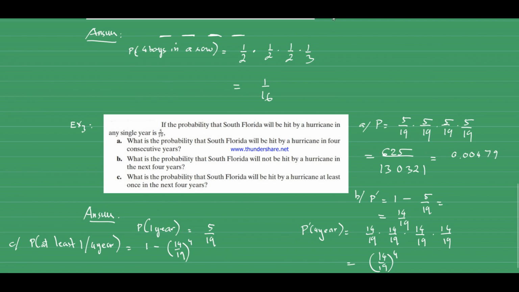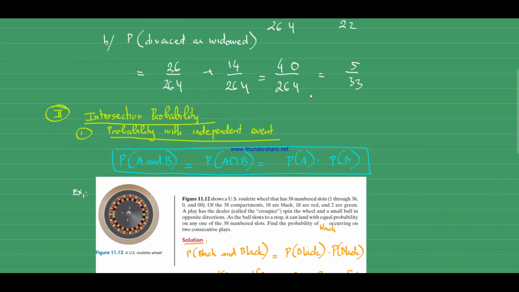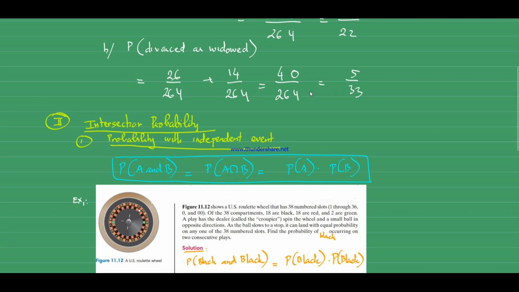All right, so that's the first type. Now we need to do the probability with dependent events. A dependent event means the occurrence of the first event will affect the probability of the second event.